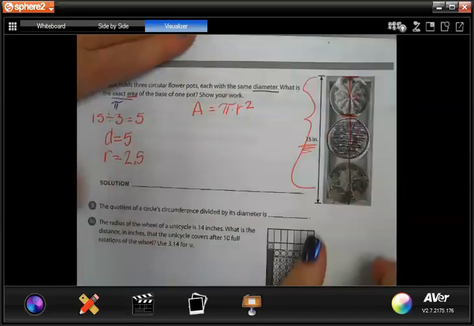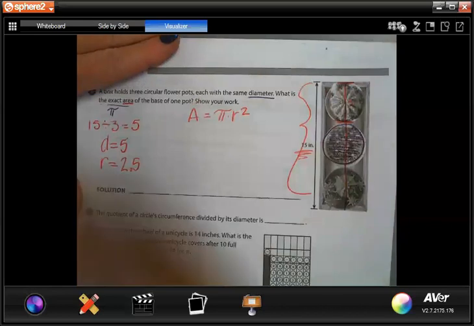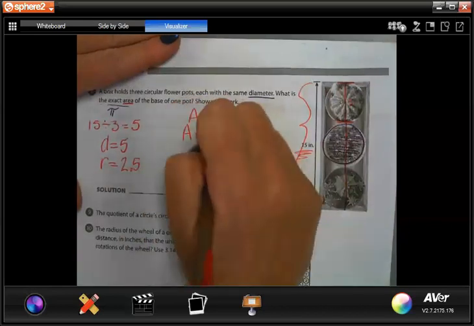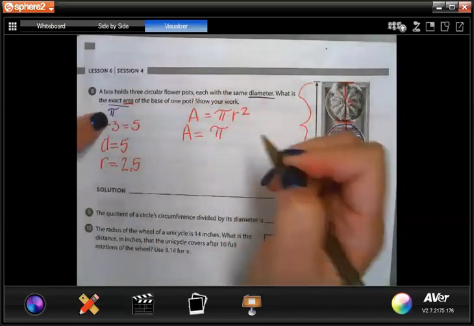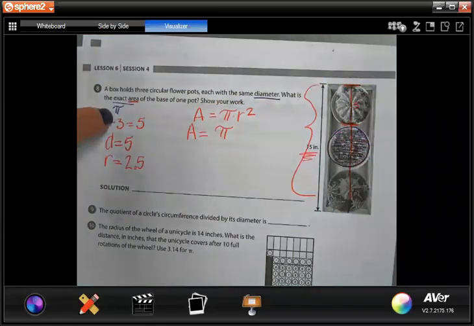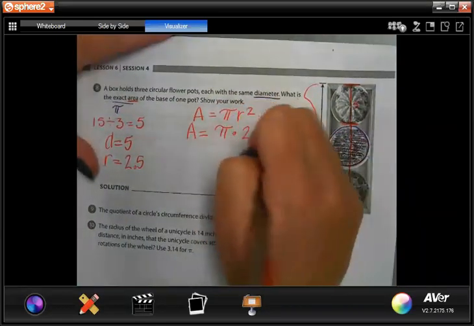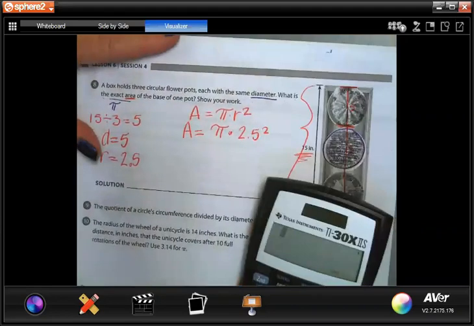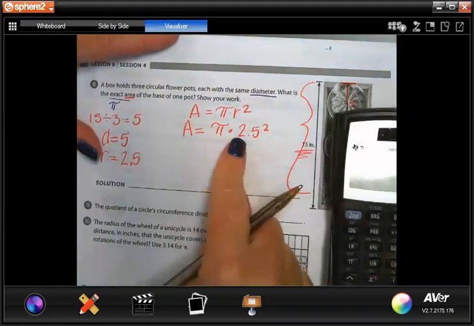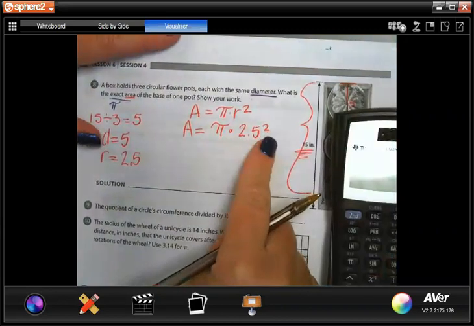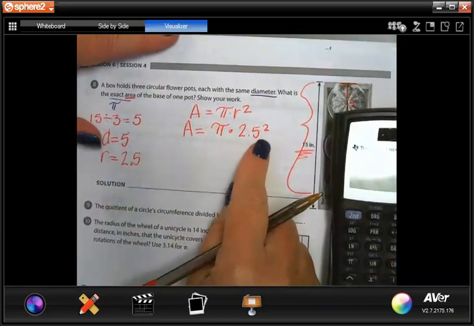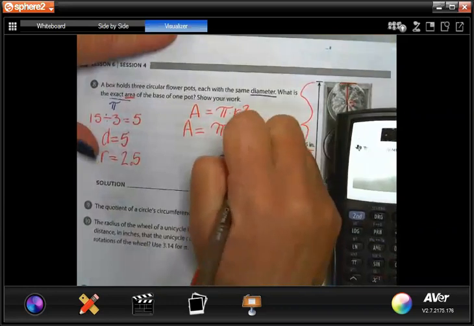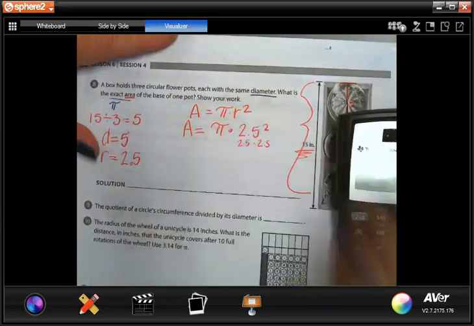Okay, so now here we go. Area equals pi, we're going to leave pi as pi because we want the exact area, times 2.5 squared. Now, please don't get this wrong. It's not 2.5 times 2. It's 2.5 times 2.5. When you square a number, that's what you get.